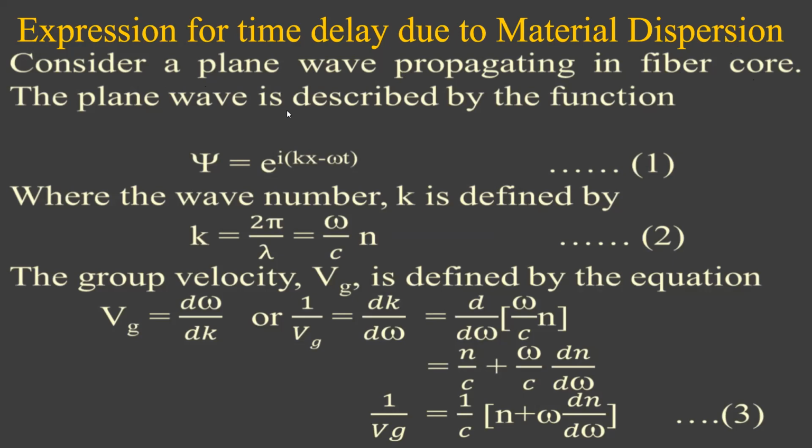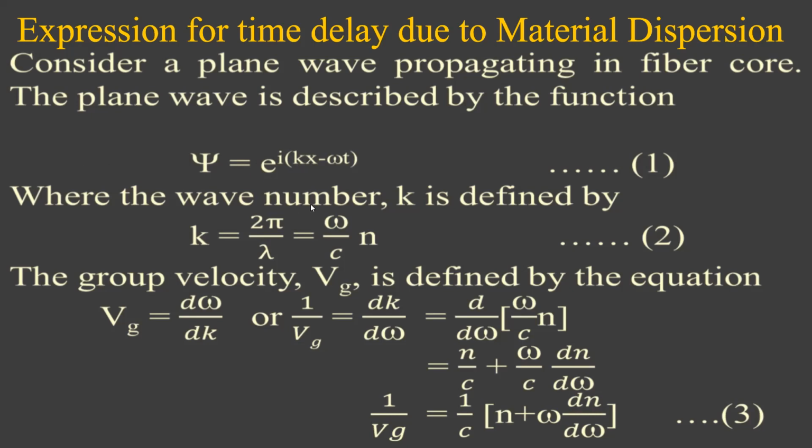So the plane wave is described by the function psi is equal to e raised to i into (kx minus omega t). So this is the plane wave, as you know, where omega is the angular frequency, t is the time, k is the wave vector or propagation vector, and x is the displacement.